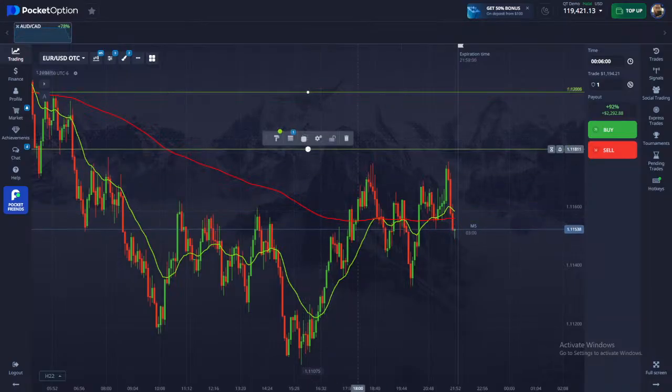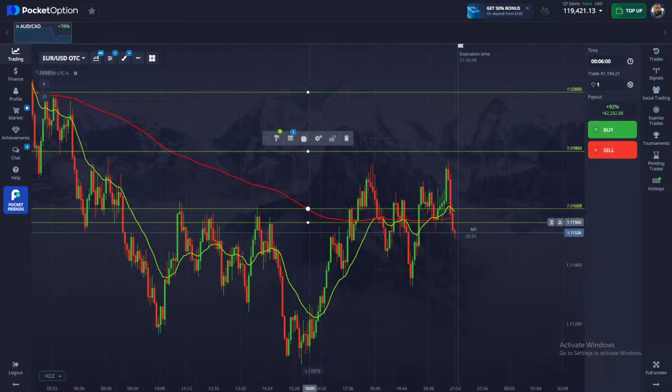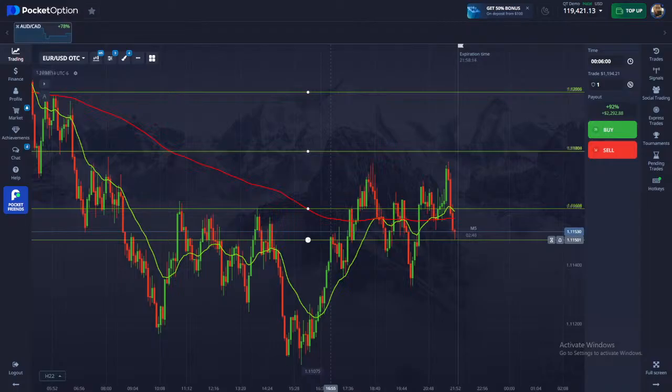You got another one here, but it has two. You have another one here, 2 zeros again. You have another one here, and so on.